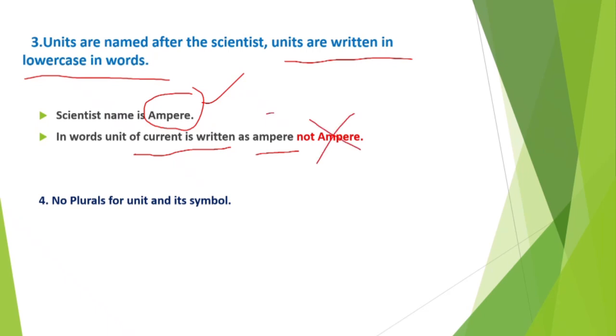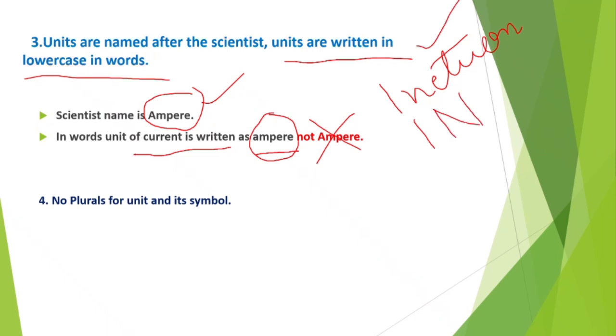You must write in lowercase letters. One more example: Newton. 1 newton. Always write in small letters, not in capital letters.